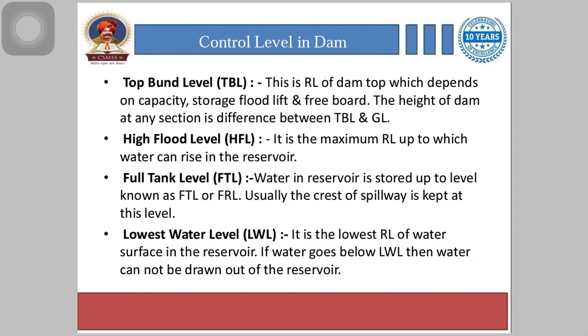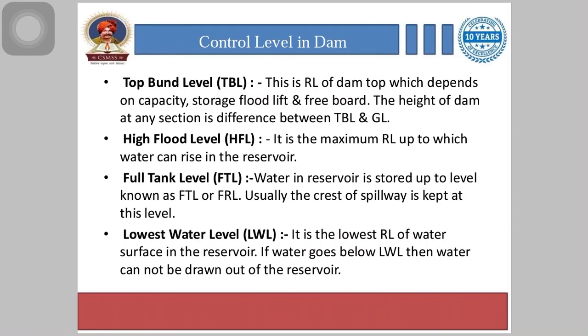This is the reduced level of dam top, which depends on the capacity, storage, flood lift and freeboard. The height of the dam at any section is the difference between TBL and GL, the ground level. Next is high flood level, that is HFL.